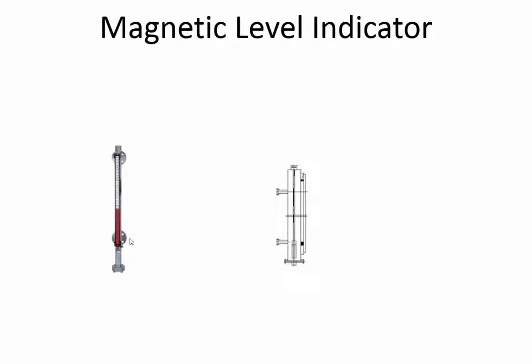Magnetic level indicators. These have a column that allows fuel to flow, which is in behind these little flip indicators. It's a column that is open to the tank at top and bottom, and there's a little float that rises up and down inside of that, and it has ferrous metal in there.